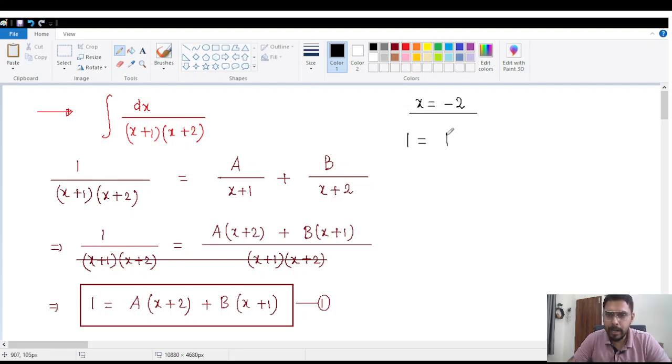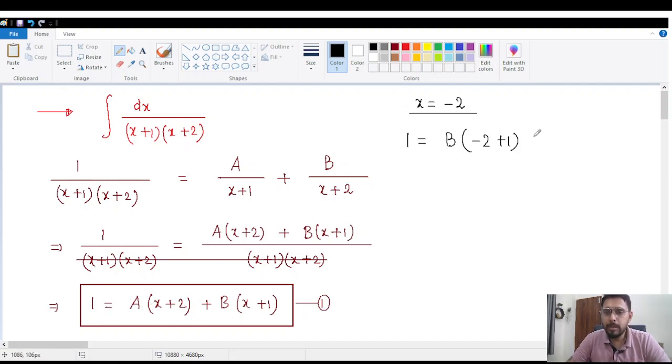So I'm just writing b times (negative 2 plus 1). Okay, a will be eliminated because this bracket will give 0. Can you understand this? If you put x equals negative 2 over here, it will be negative 2 plus 2, so this will be 0, and a times 0 will be 0, so this part is gone. It is not going to participate in this.